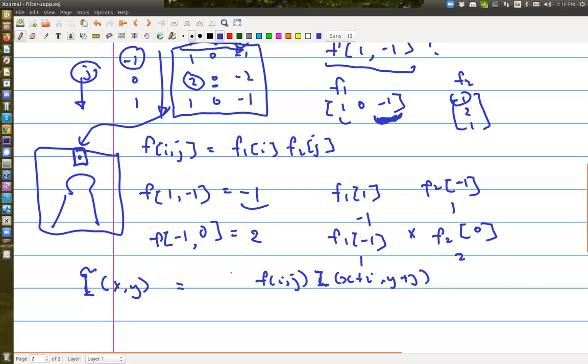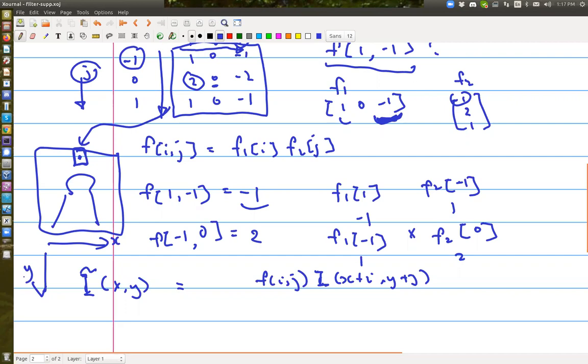Dr. Chang, can I have a question? Yes. In this equation, x and y: x is the row and y is the column of the pixel, is it right? Yes, X will be the row, and Y will be this direction.